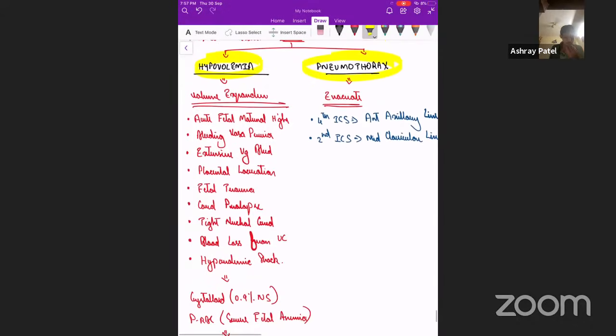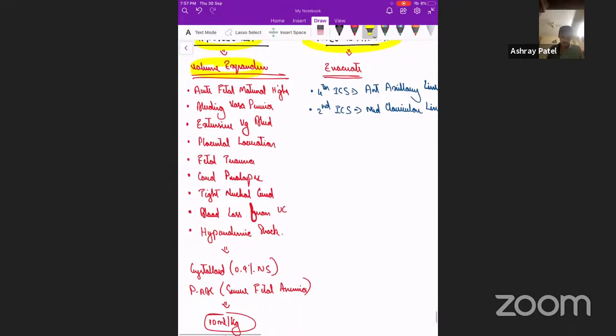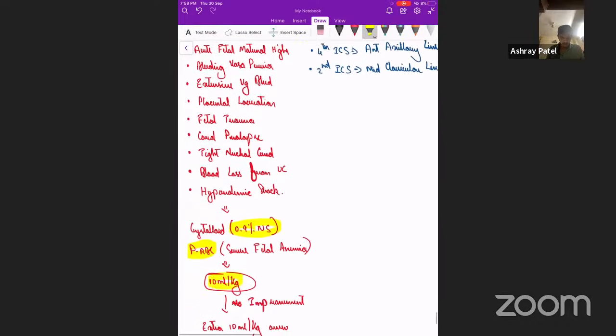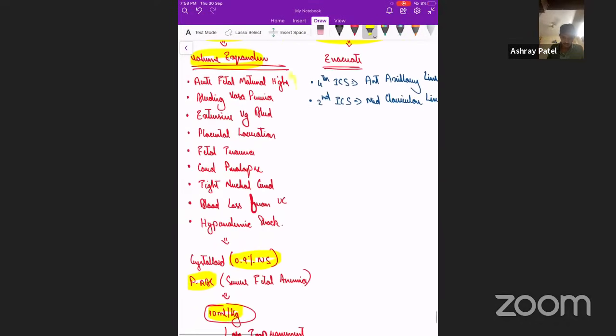In case of hypovolemia, volume expander has to be given. Since you have already secured the UVC route, you can easily give any crystalloid, 0.9% NS, or if the baby has severe anemia, you can give PRBC if it is ready, at 10 ml per kg. So what are the indicators?